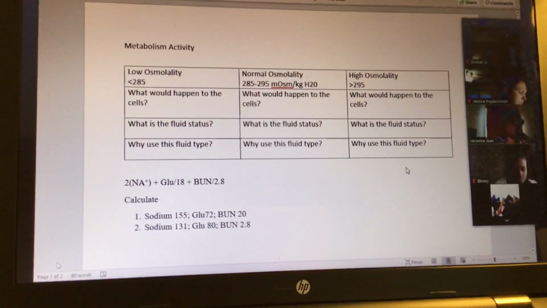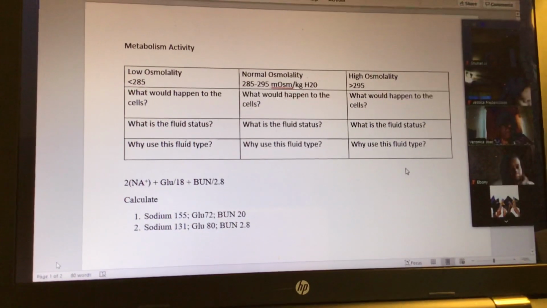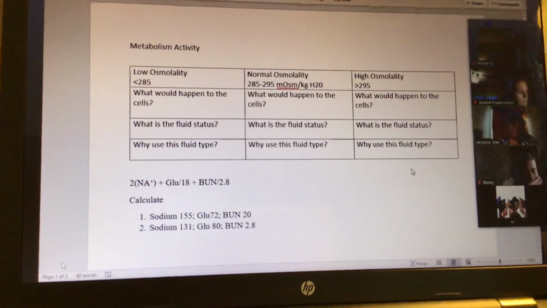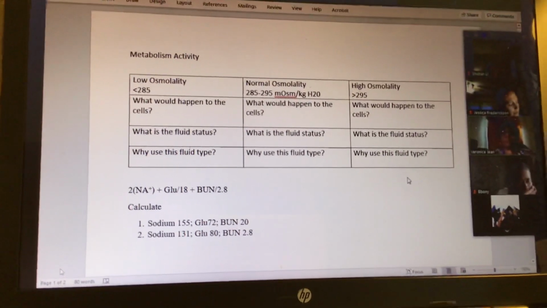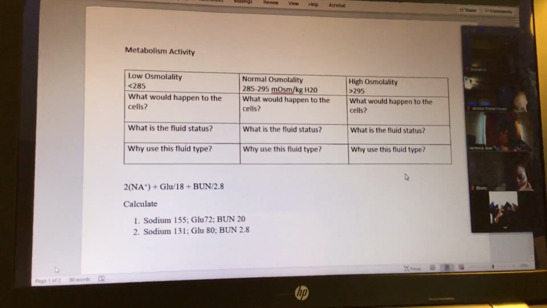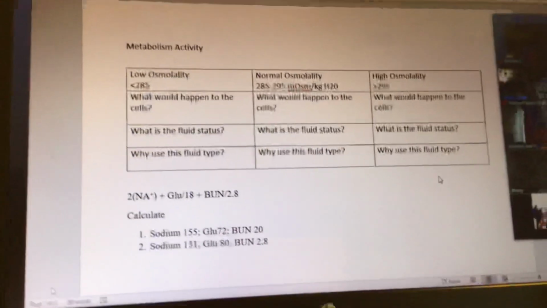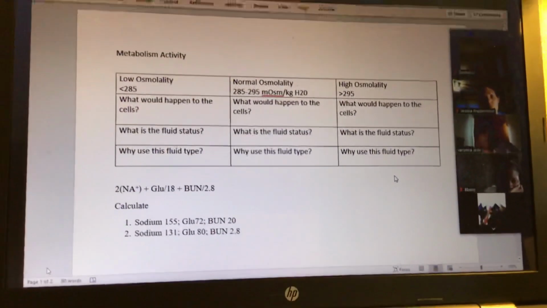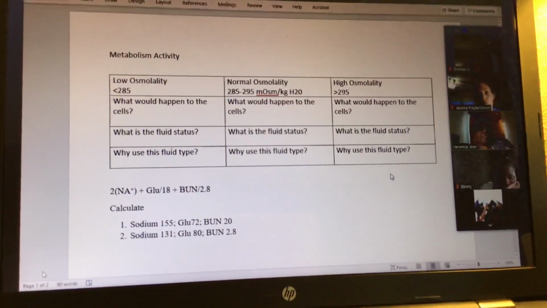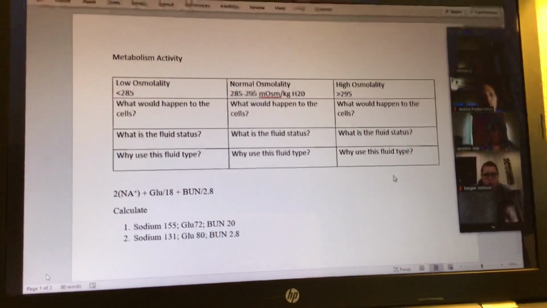Let's look at the lower osmolality. Someone answer, what would happen to the cells? Shrivels up. This is the low osmolality. No, they would blow up.